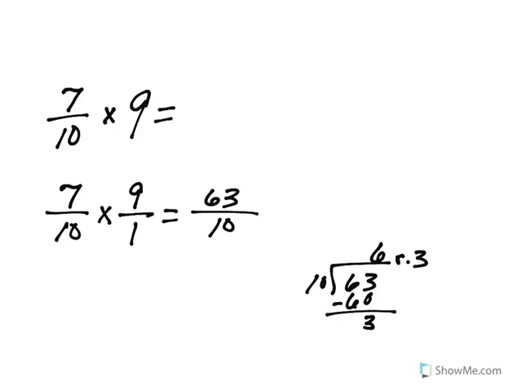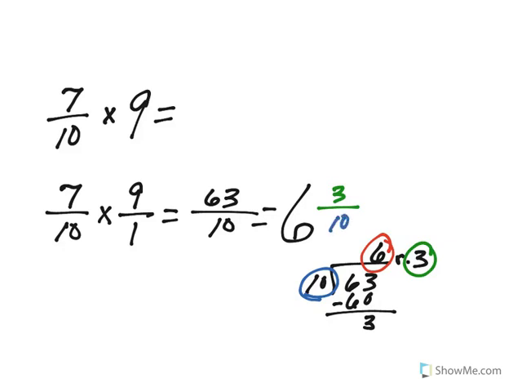So let me show you how to use this. My whole number here, or my answer is 6, so my whole number is going to be 6. My remainder is going to be my numerator. And my divisor, which was my denominator to begin with anyway, is still going to be my denominator.